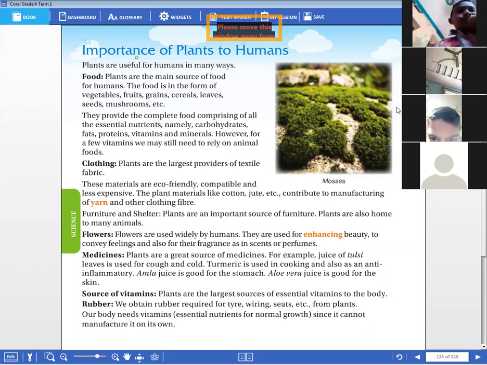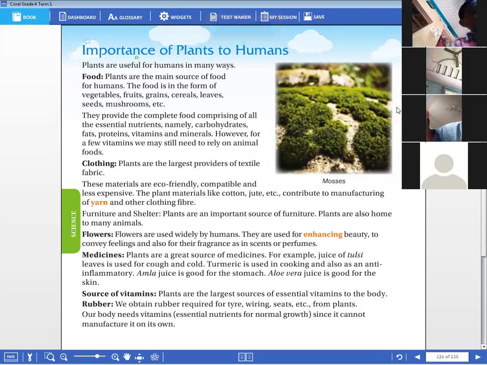Rely. Rely means depend, children. Providers. Textile. Fabric.